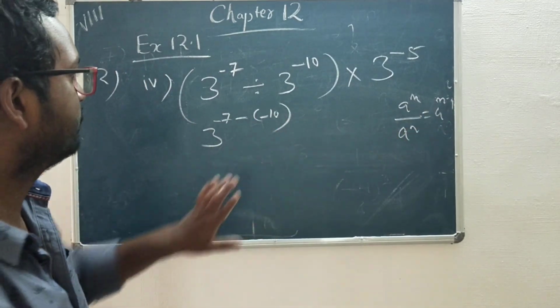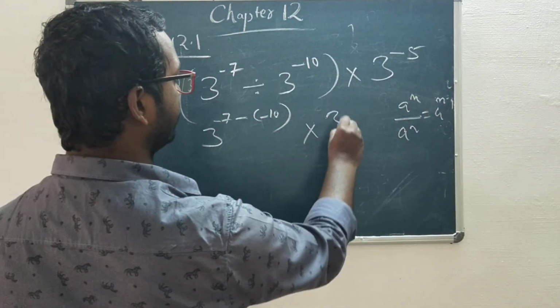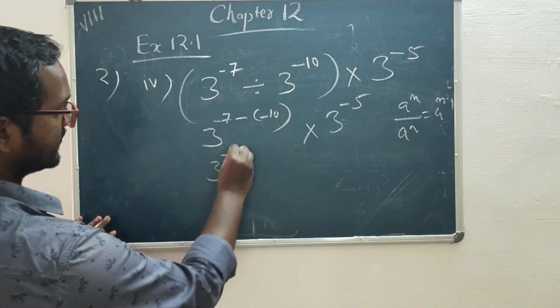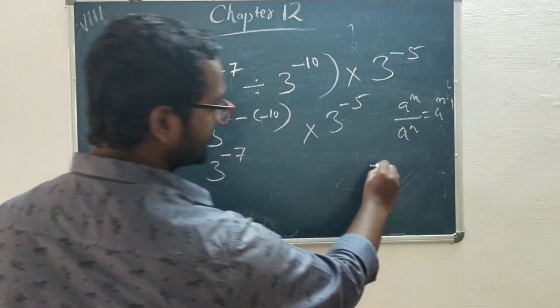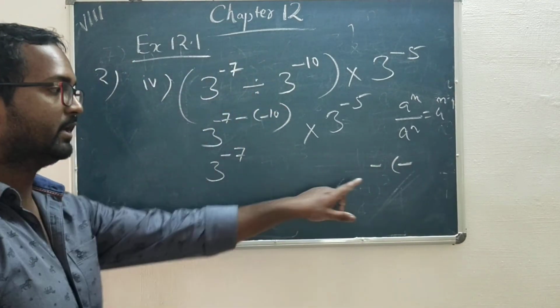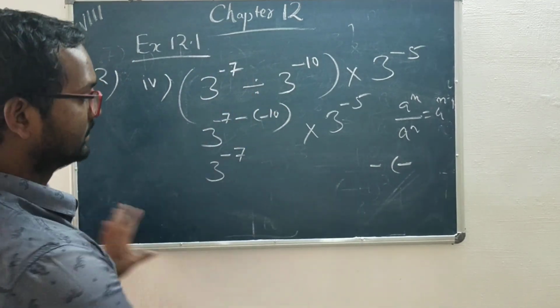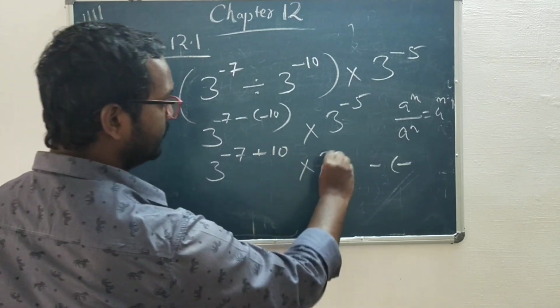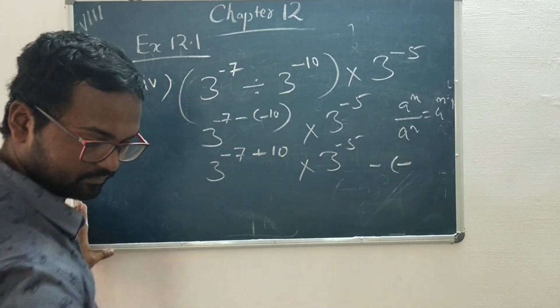So minus of minus 10, into 3 power minus 5. So this will become 3 power minus 7. When minus and minus come together like this, it becomes the additive inverse and they become plus. So plus 10, into 3 power minus 5.